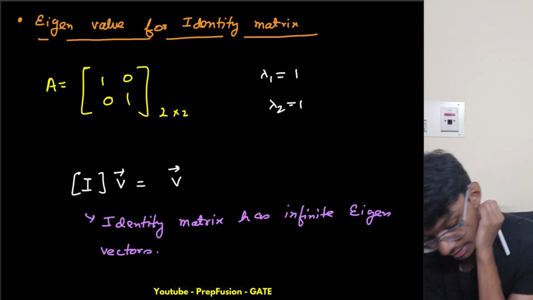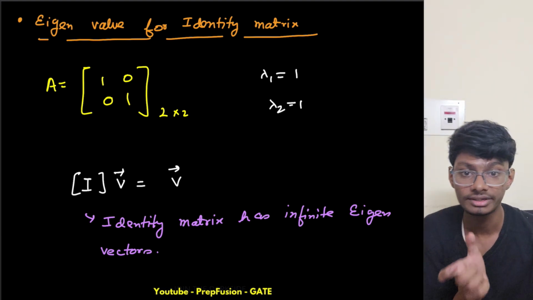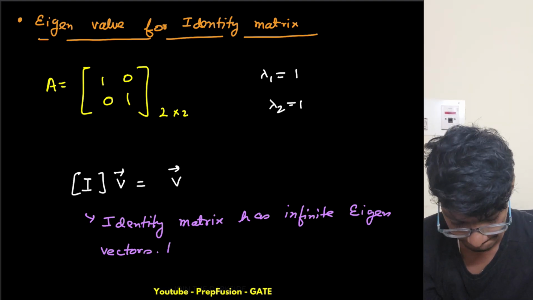Identity matrix has infinite eigenvectors. But the thing to note here is it has only 2 eigenvalues.